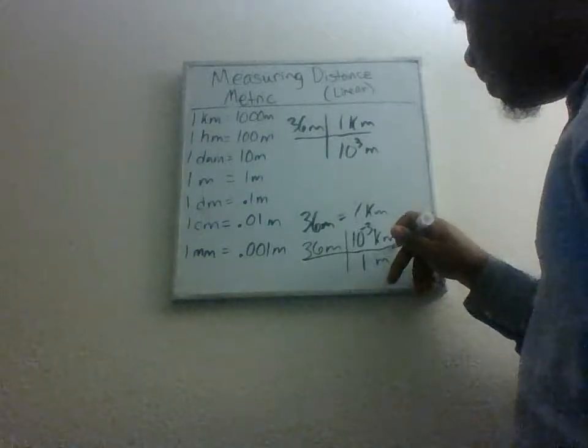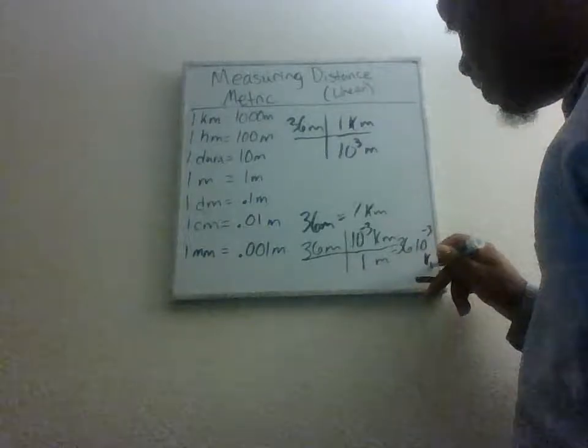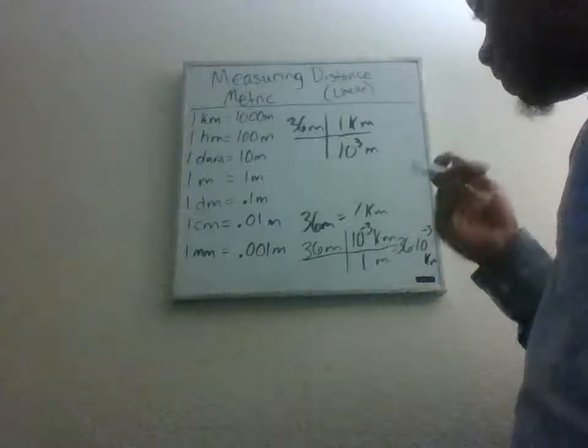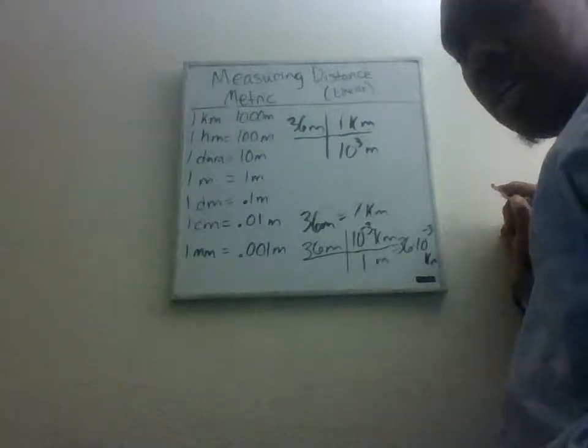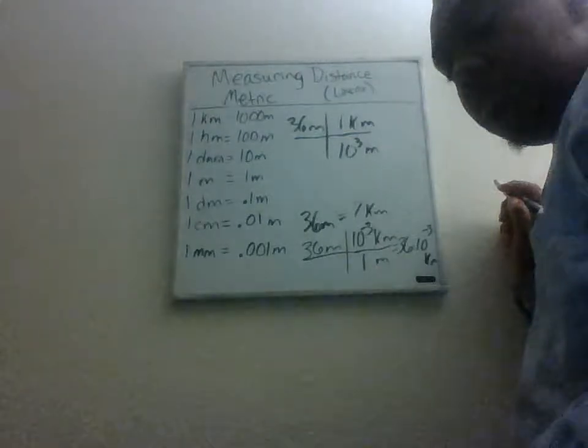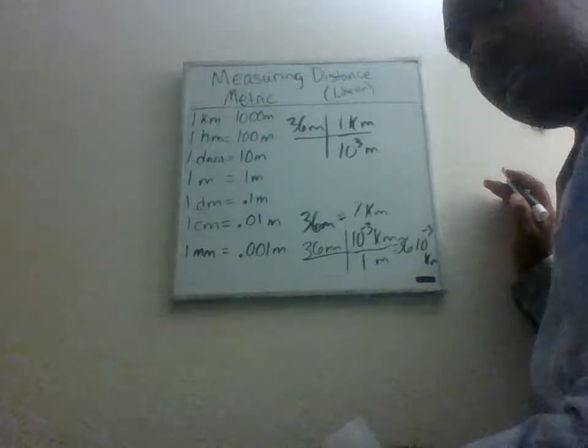So in the end, we will end up with 36 times 10 to the negative third kilometers. Well, 36 times 10 to the negative third kilometers, that's not even in scientific notation. Nor is it anything that maybe some of you may say, I don't even recognize what that actually is. That's fine again.